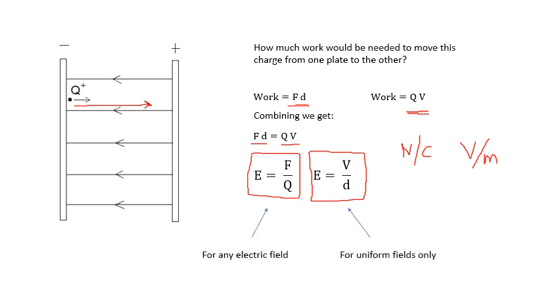One thing that you need to remember, however, for any electric field, E equals F over Q. This equation here, E equals V over D, is only for uniform fields. Only for your two parallel plates, E equals V over D. If it's a non-uniform field, you're not allowed to use it.